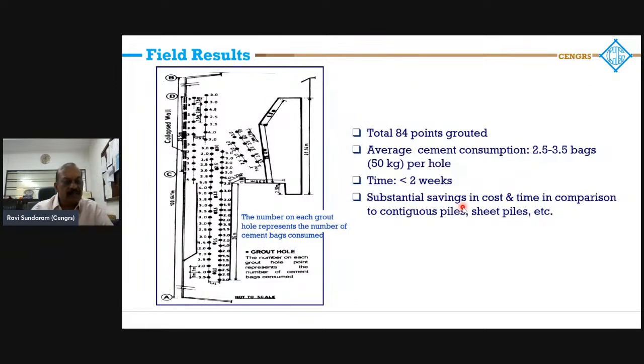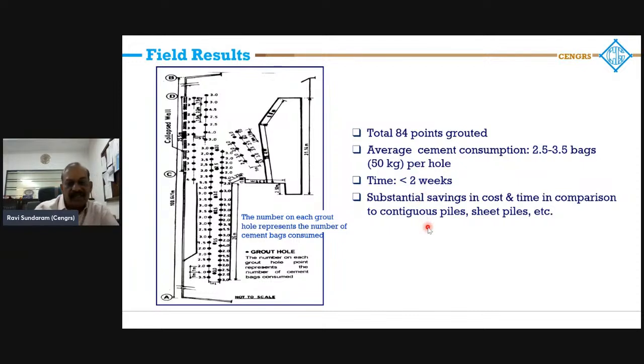So this is what the field results looked like. You can see the two rows of grout holes, a total of 84 points. The numbers you see here on these grout holes are the number of bags of cement which went inside. So we could do it quickly in less than 2 weeks.